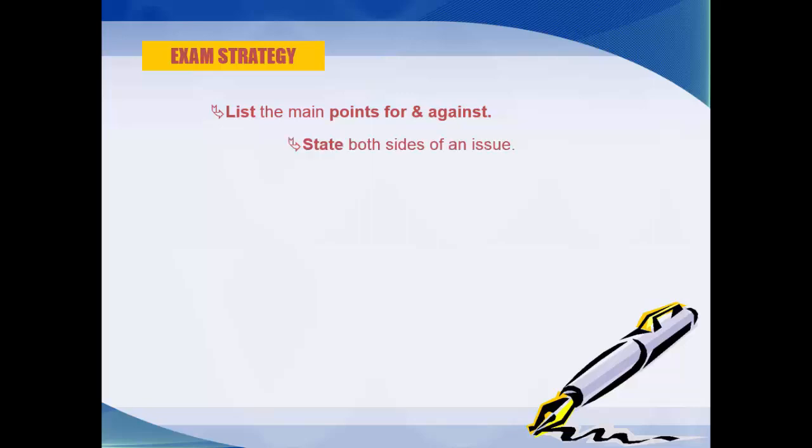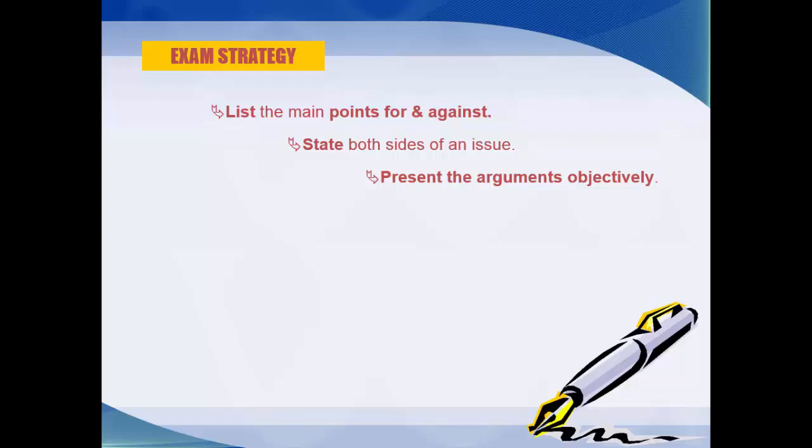Number two, you have to state both sides of an issue, which is for and against. For why and against why, I mean mentioning the reasons of the point of view. Number three, present the arguments objectively.